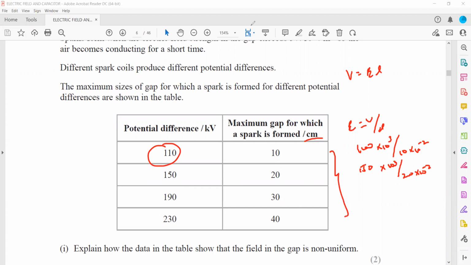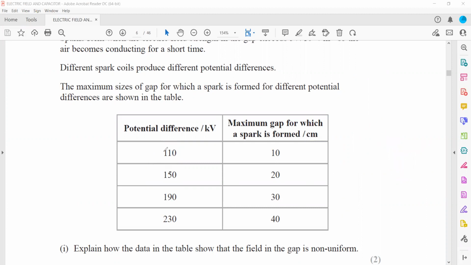So that's why it shows that the strength of the electric field is not constant, because the ratio V over d is not constant. 110 divided by 10 is 11, but 150 divided by 20 is 7.5. 190 divided by 30 is 6.33, and 230 divided by 40 is 5.75.